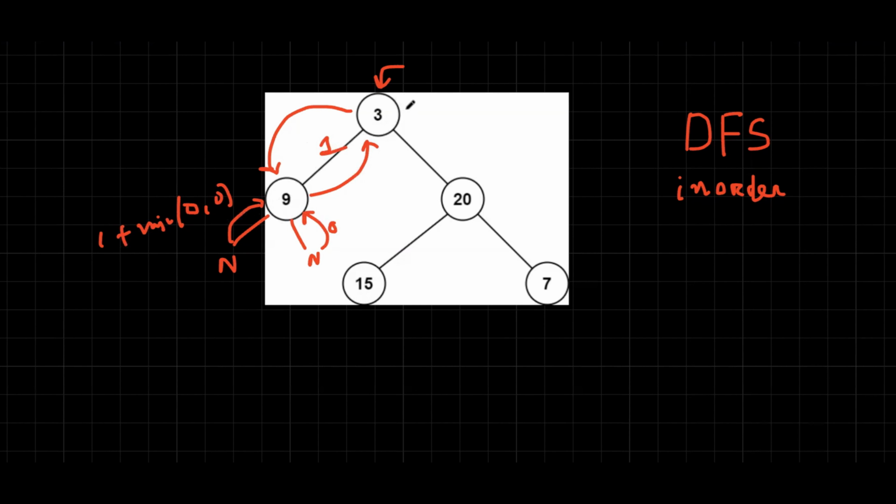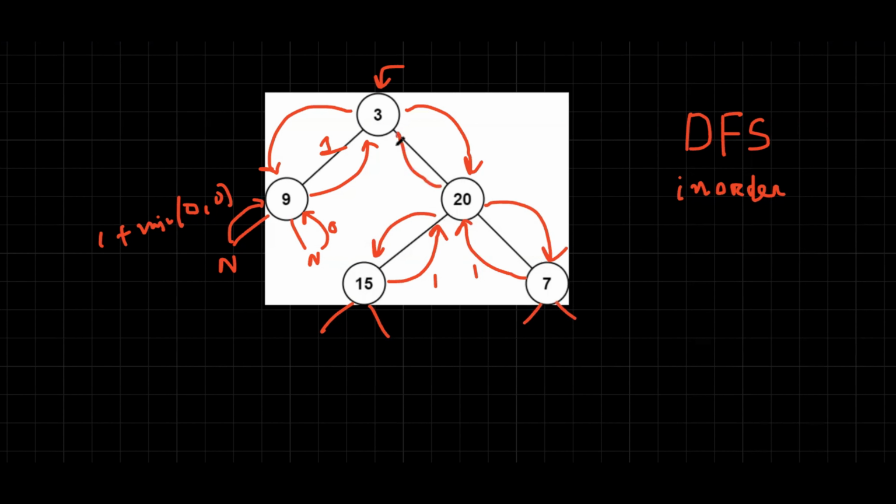Now from 3, we will move to node 20. From 20, we will move to 15. And it also has left and right children which are null. So it will return 1. Now from 20, we will move to 7 and it will also return 1 because of the two null children.